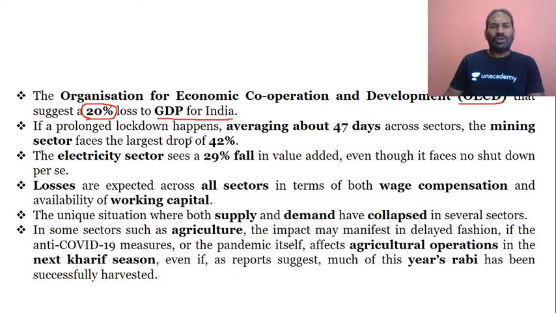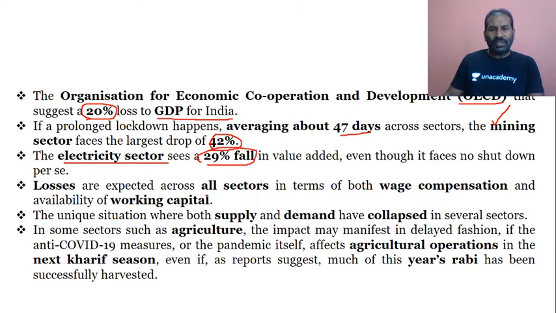And this also showed us, if it is 47 days, then the mining sector, now we are looking into the mining sector because a lot of money also comes from the mining sector, 42% of its contribution will drop. And in the electricity sector, a 29% fall in its contribution to the GDP will occur.